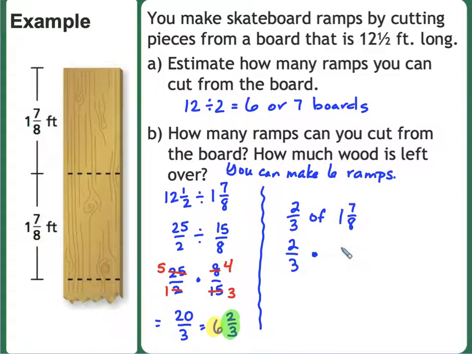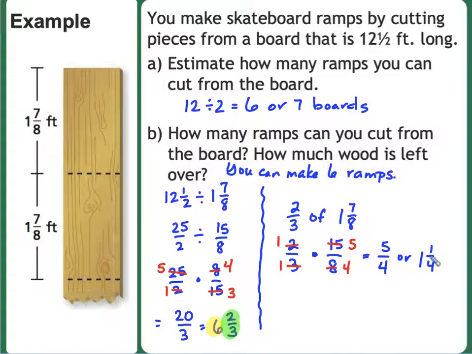Let's go ahead and convert that to an improper fraction. So that's 15/8. Now notice I'm multiplying. I don't have to change or flip anything. It's already multiplication. All right, so quick simplifying. 2 and 8 goes to 1 and 4. 3 and 15 goes to 1 and 5. So this is equal to 5/4, or 1 1/4.